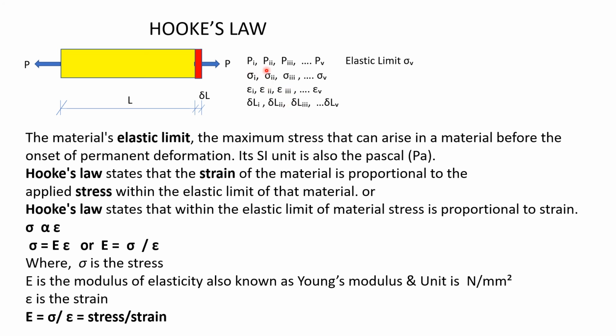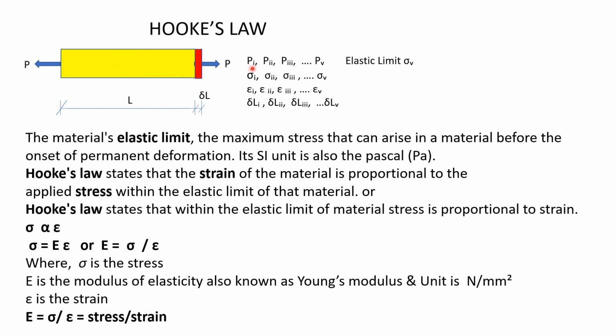And if I go on increasing, a point comes which is a force PV, the stress is sigma V, the strain is epsilon V, and the increase in length is delta LV. Now what happens after this sigma V is achieved? If I further increase the force... When I am applying P1, P2, P3, suppose now this force is P3, and I release the force, then this bar will come back to its original length L. That is, this body behaves elastically.